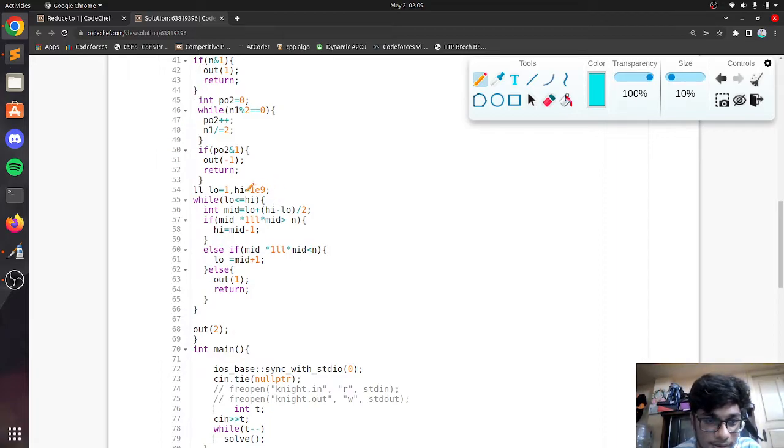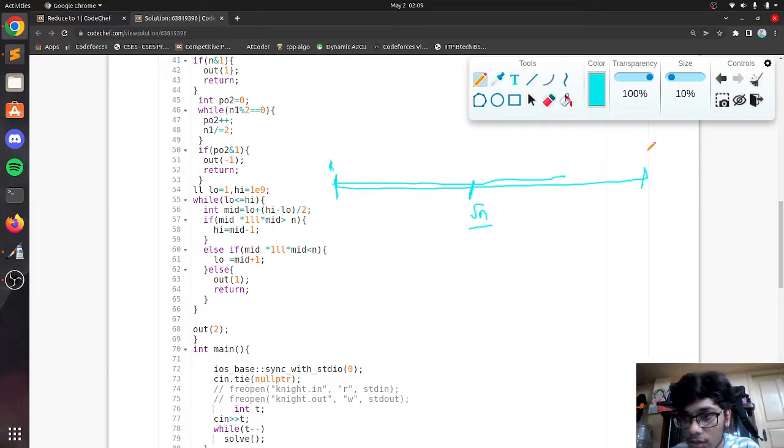Suppose I have fixed low equal to 1 and high equal to root 10 to the power of 18, that is 10 to the power of 9. And right now I'm running while low is less than or equal to high, and mid equals low plus high by 2.